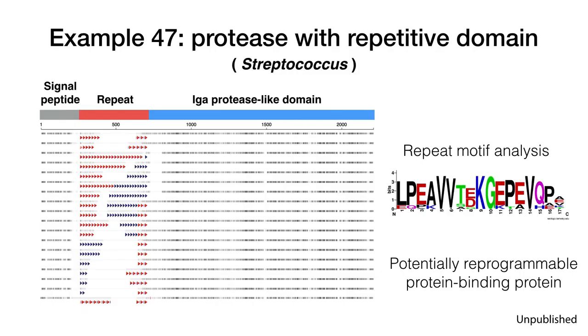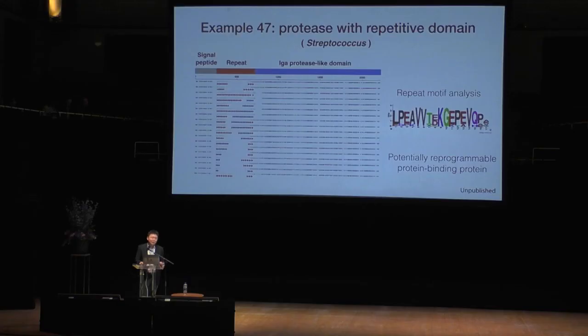You can see that this is another repeat-containing protein that carries regions with variability that's linked to a protease domain. One hypothesis is that maybe these repeat residues allow us to develop new proteins that can recognize altered protein substrates to be able to degrade them in cells.